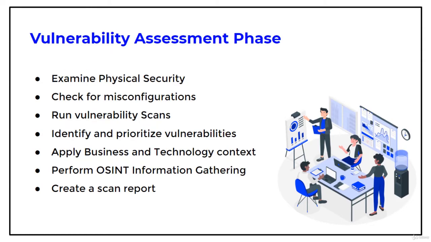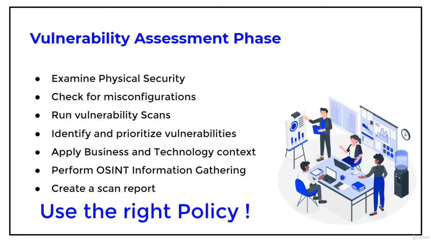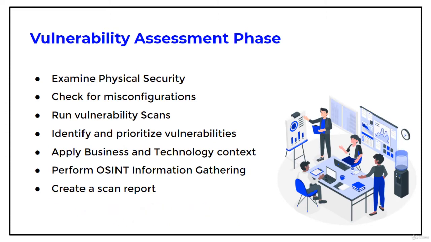Next is to perform a vulnerability scan. Use the right policy on your scanner to accomplish the desired results. Prior to starting the vulnerability scan, look for any compliance requirements based on your company's posture and businesses, and then know the best time and date to perform the scan. It's important to recognize the client industry context and determine if the scan can be performed all at once or if a segmentation is needed.